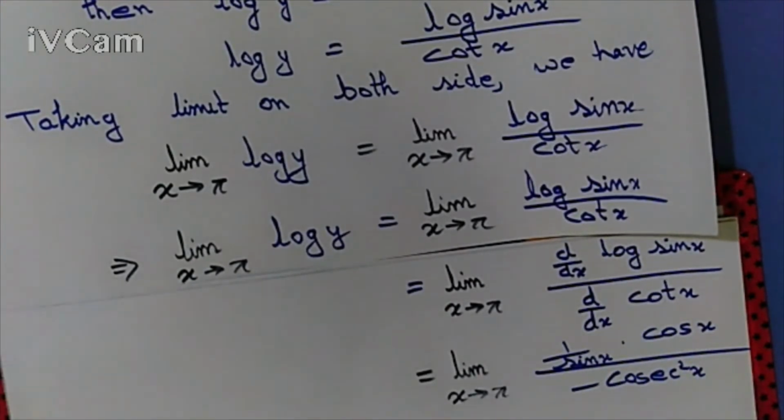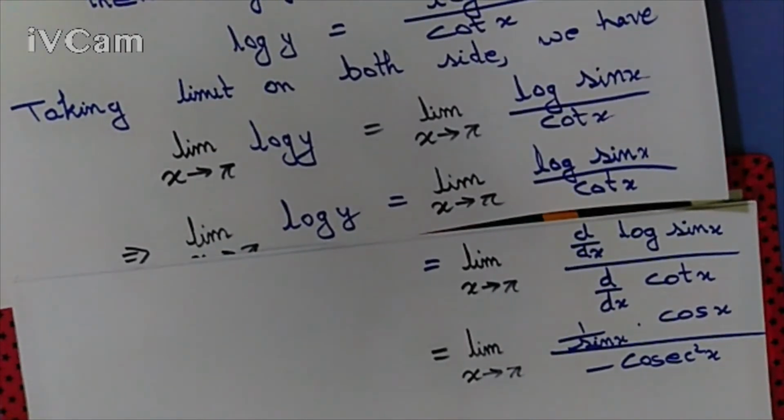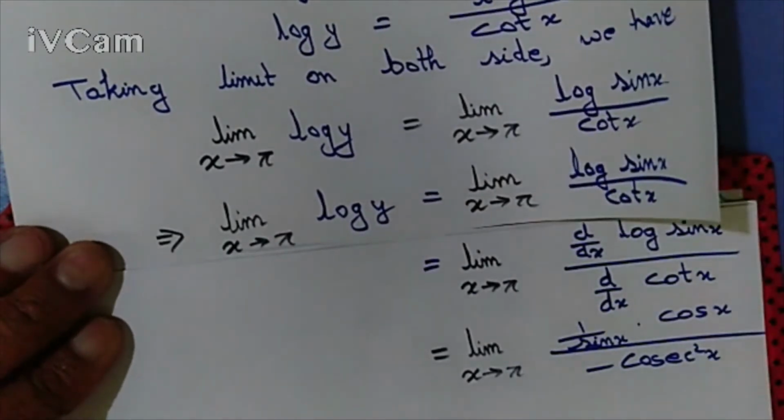Let's simplify. 1 by cosec square x is sin square x.